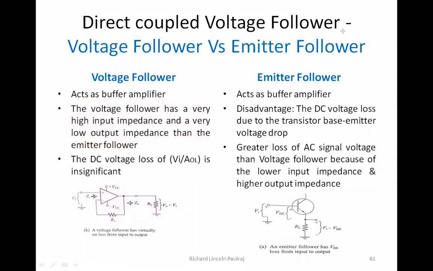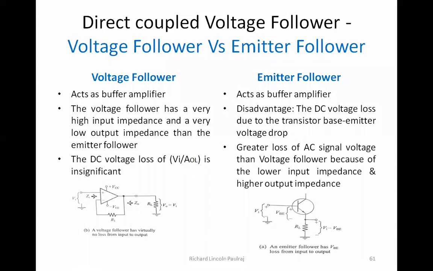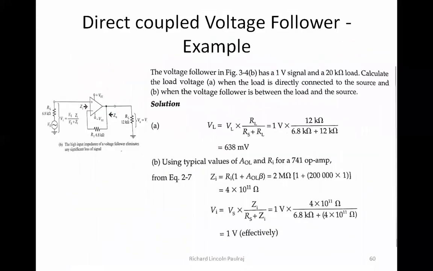So just keep in mind what is meant by voltage follower and how it is better than the emitter follower. It is just the opposite. Then how to apply the formula, and what kind of values to extract from the data sheet. I've seen many times, a data sheet will be given and students will be searching for what data to extract from it.